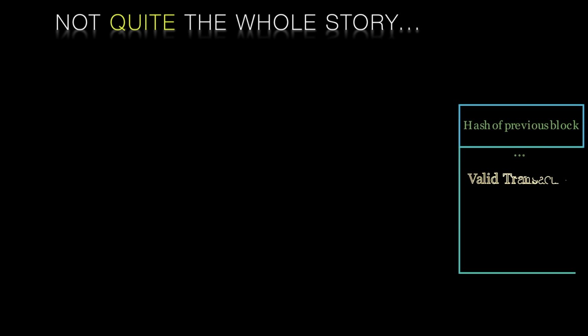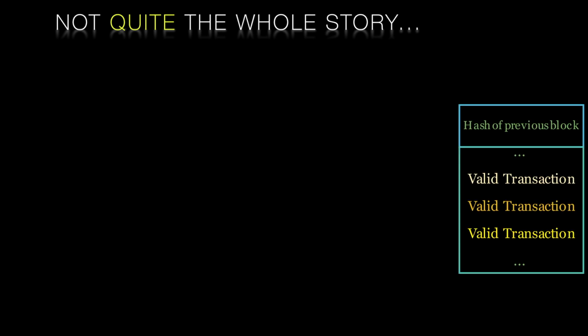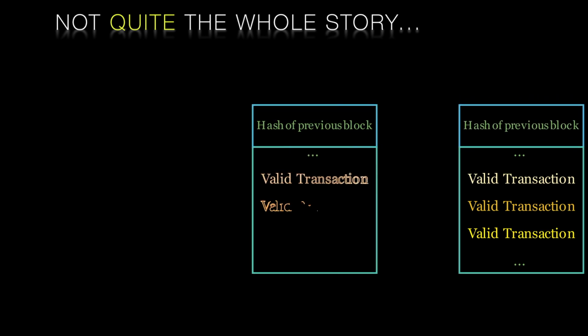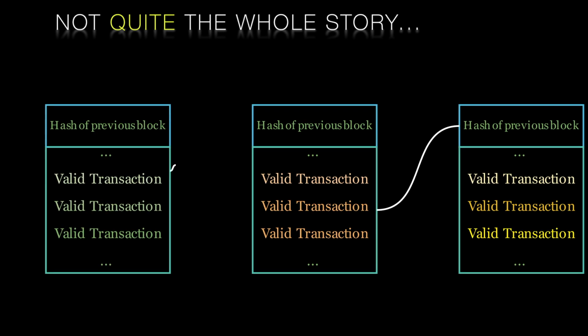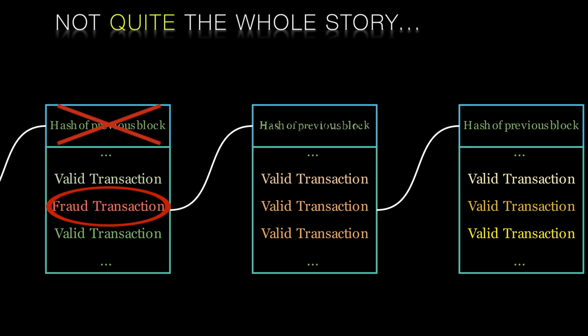The proof of work on each block is a function not only of the content of that block, but because it includes the hash of the previous block, it depends on every block that preceded it. If a fraudster sought to alter the ledger in any way, then they would have to redo the proof of work in that block and every block that followed.